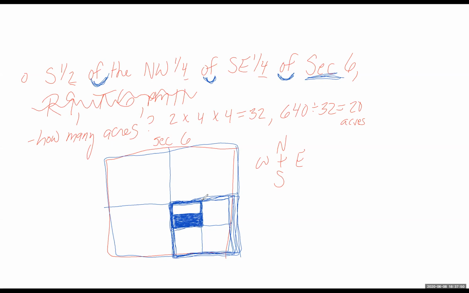You see where I'm pointing? And then you divide it into half, there is your 20 acres, which gives you that same number. Does that make sense? So that's really the best and easiest way to understand the government rectangular survey system and how that works. So who's got questions on that?